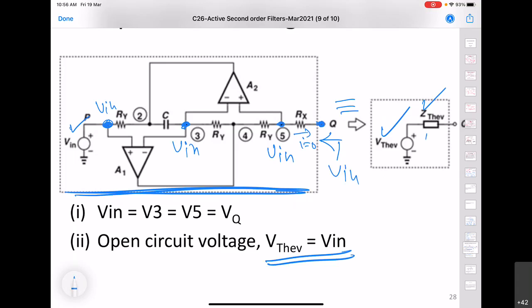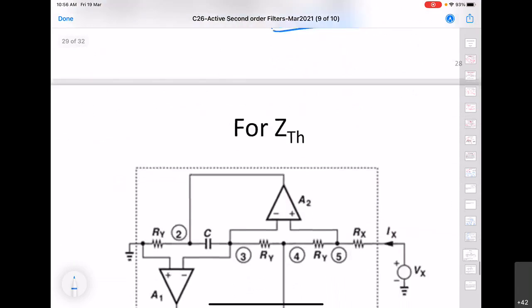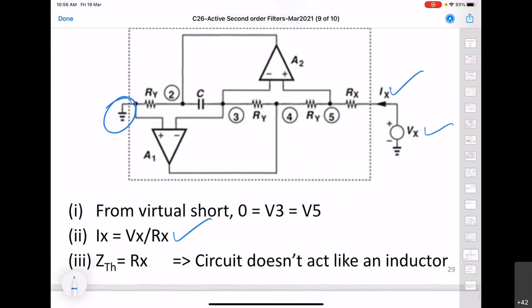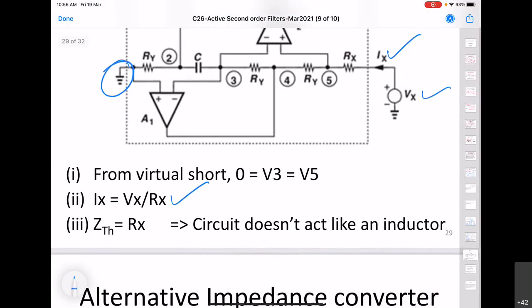Now we have to find out Z Thevenin. For that, we short circuit the external voltage source. So we ground it, and then we connect an external unknown voltage here, find Ix, and the ratio of these two is going to give rise to the Thevenin resistance.